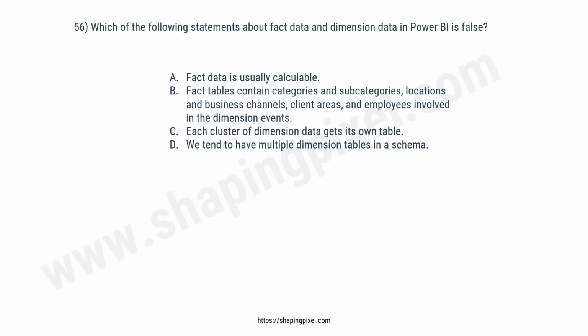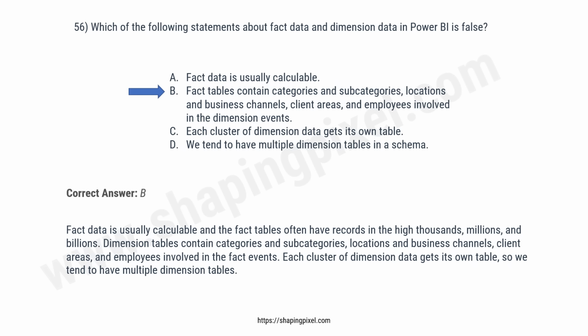Option C, each cluster of dimension data gets its own table. Option D, we tend to have multiple dimension tables in a schema. So the right answer here is option B. Fact tables contain categories and subcategories, locations and business channels, client areas, and employees involved in the dimension events.